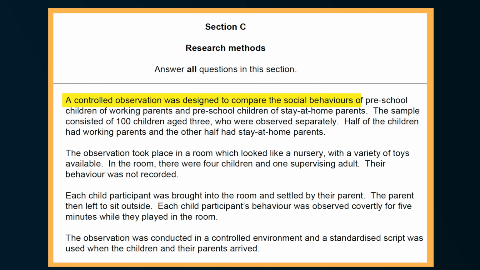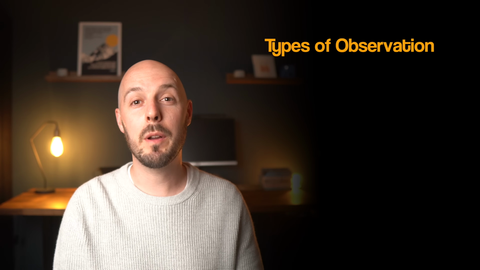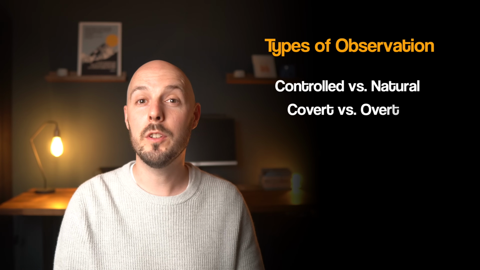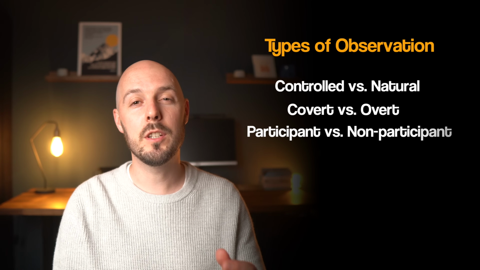A controlled observation was designed to compare the social behaviours of preschool children of working parents and preschool children of stay-at-home parents. So firstly, we need to note that it's a controlled observation. When I read that, I'm first thinking about the different types of observation: controlled versus natural, covert versus overt, participant versus non-participant.